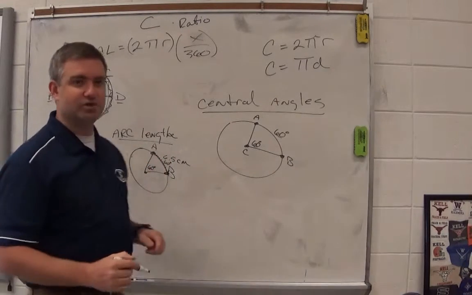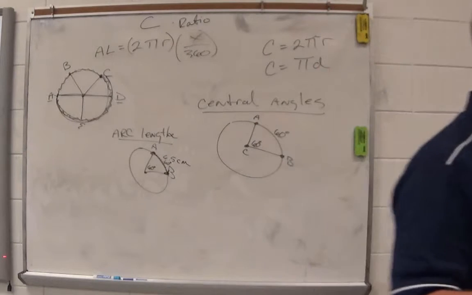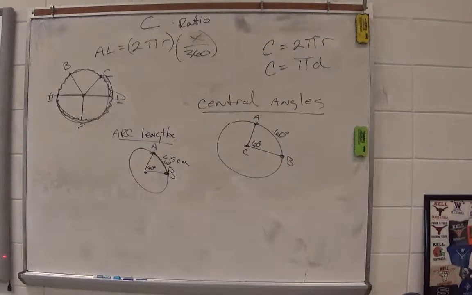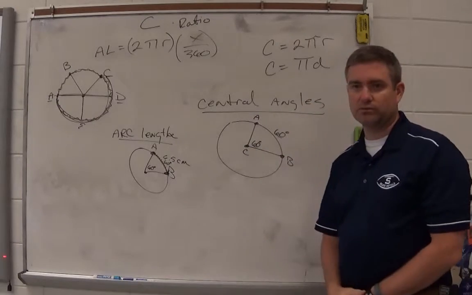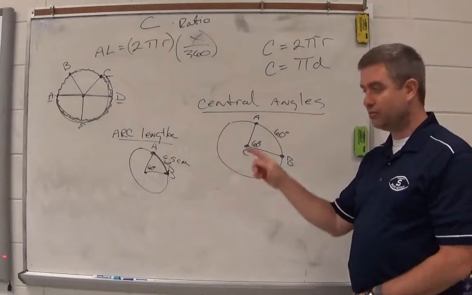This is what's confusing. AB can have two different measurements, right? It can have a ratio of the entire circle. That's what the 60 is. It can also have a length, like 6.5 centimeters. Okay? Here, this helps. What's all the way around the circle? 360.